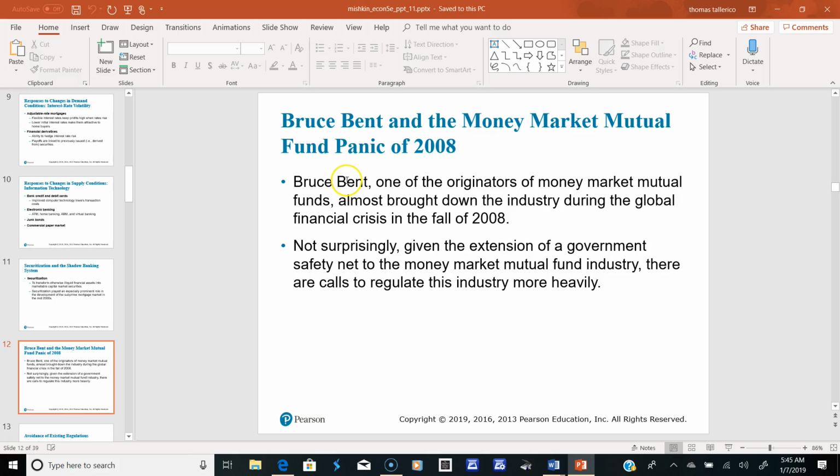Money market mutual funds almost took a hit in '08 because of all the shenanigans that went on, and mutual funds are not as regulated, but they're still generally safe.